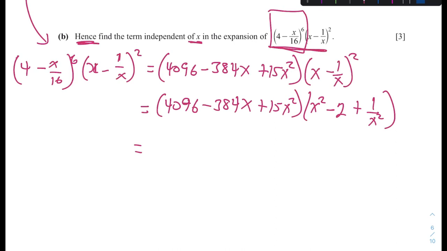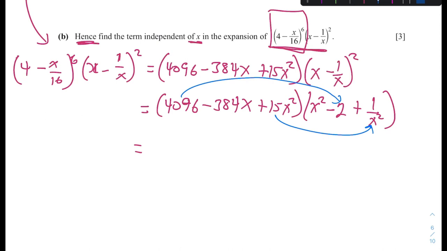That means we are looking for the constant. Now, before you even attempt, you don't have to expand everything. You can use a shortcut here to get a constant term. This times that is a constant, right? Cool. And then this times that will also give you the constant because the x squares will cancel out. So that's all you need, okay?